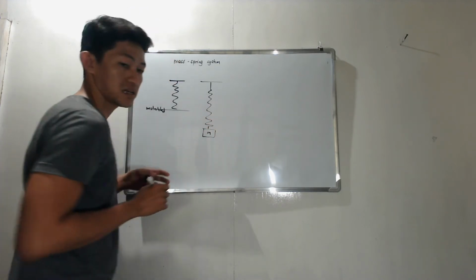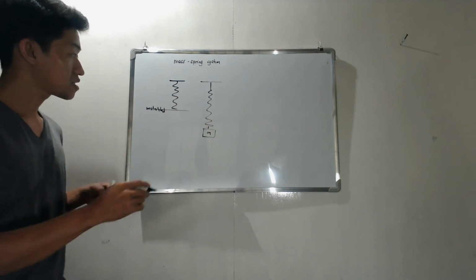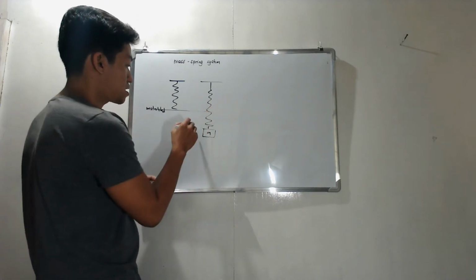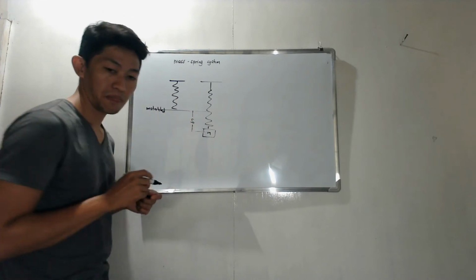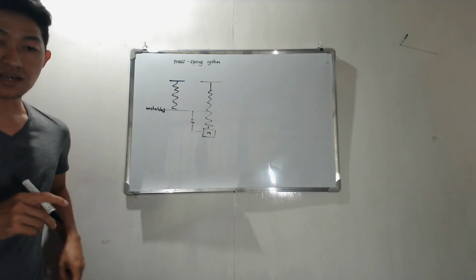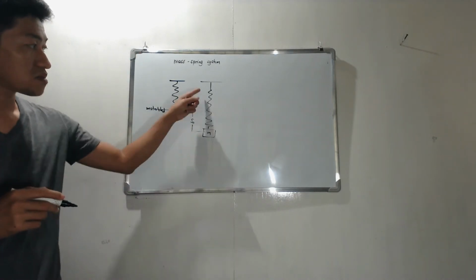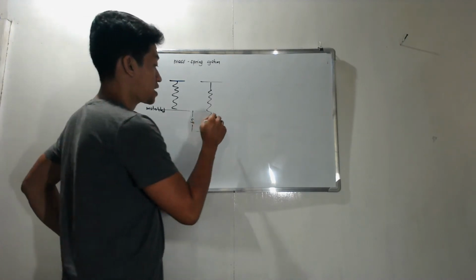So kinabitan mo ng mass. So the result, na-elongate yung spring. Say for example S sub O yung length. But there is still no motion. The spring here is just in equilibrium position.